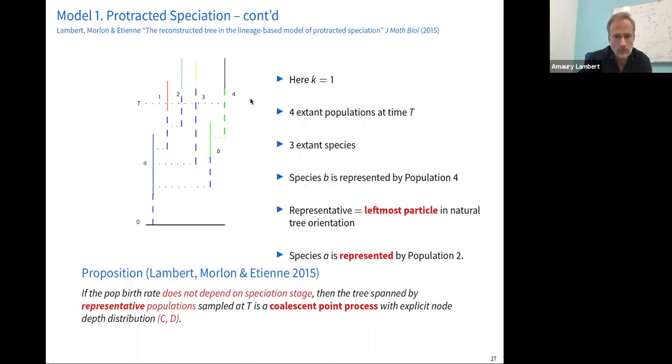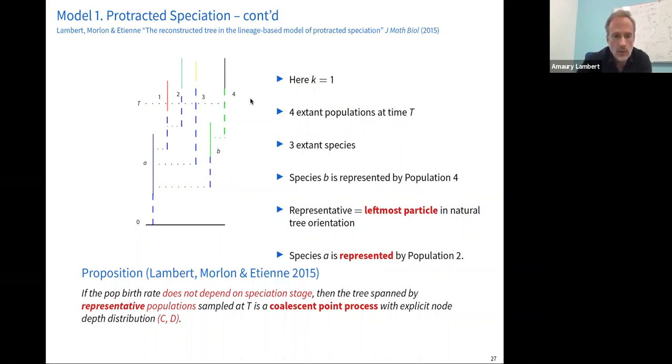So how can we choose these representative particles? Here you see an example of a tree of particles where, with time flowing upwards, dashed lines are incipient stage, and the solid lines mean that these populations are in the good stage.